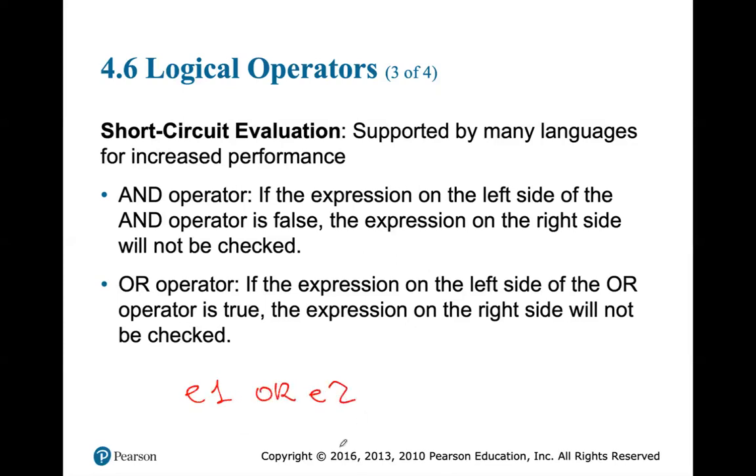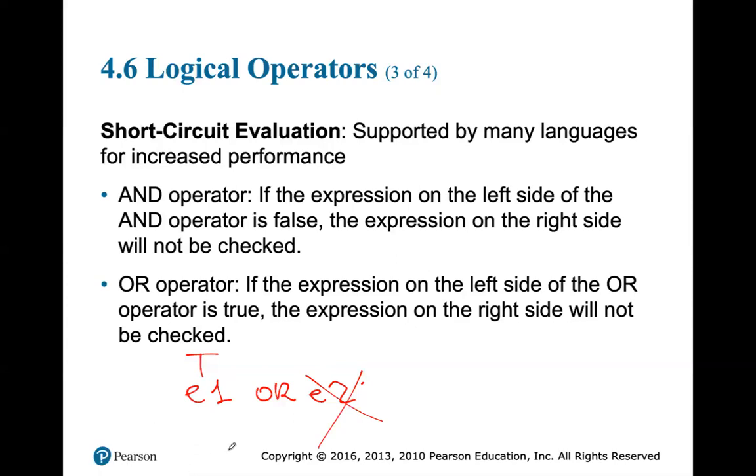In this case, we only need one side to be true. Either our left side or our right side needs to be evaluated to true. If the first one evaluates to true, we will not be checking the second one because we don't need it. This whole expression will already be evaluated to true because only one of the expressions needs to be true for the whole thing to be true.